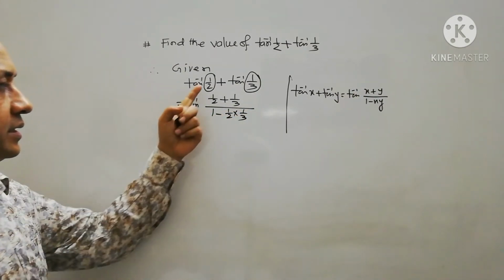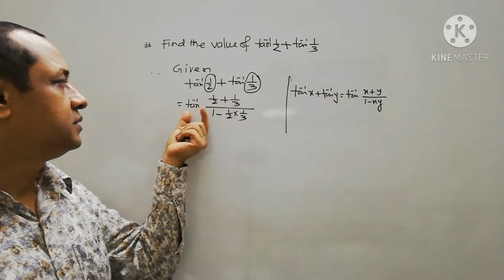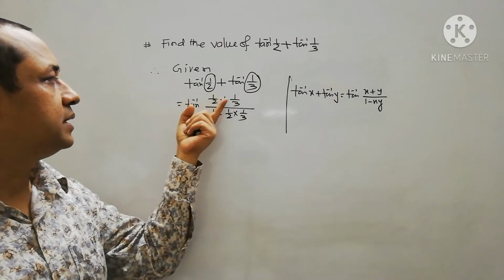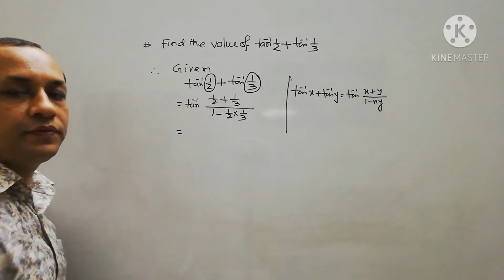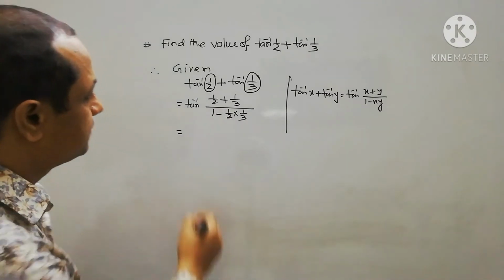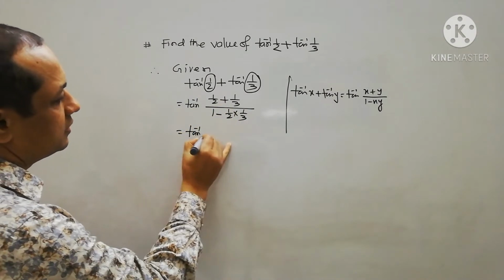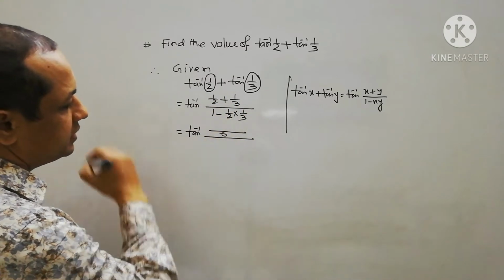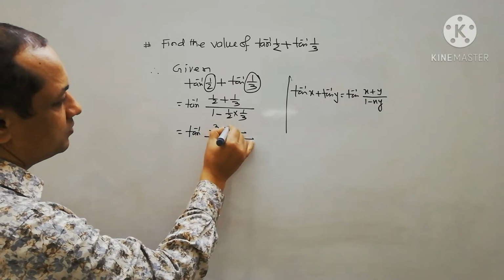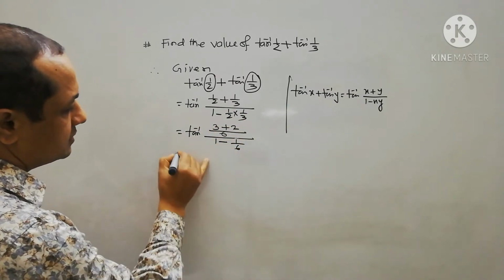Here half equals x and 1 by 3 equals y. So tan inverse of (x plus y) by (1 minus xy). Now simplify. LCM of 2 and 3 is 6. So (3 plus 2) by (1 minus 1 by 6).